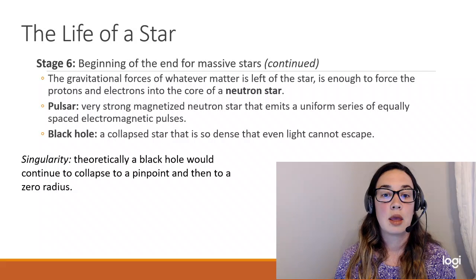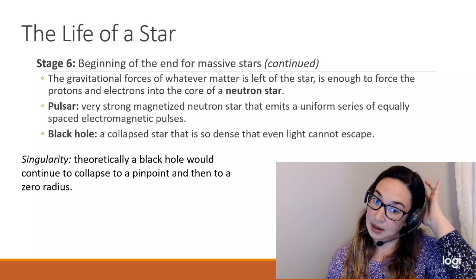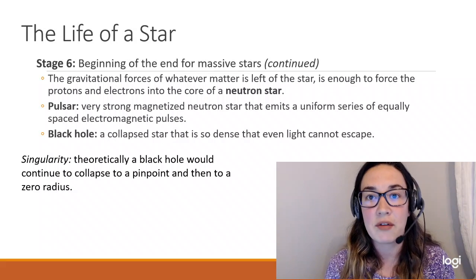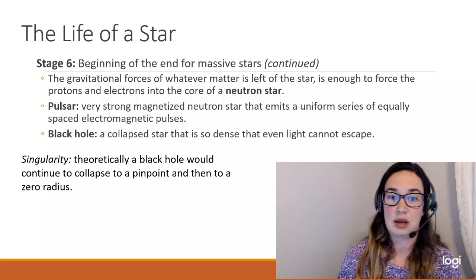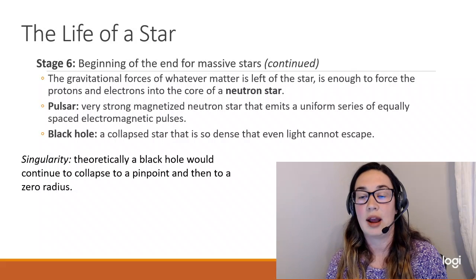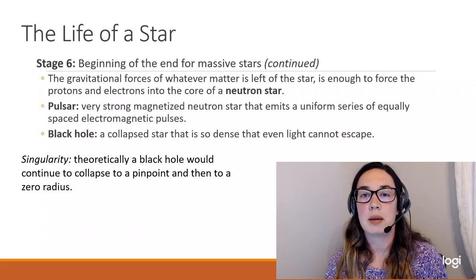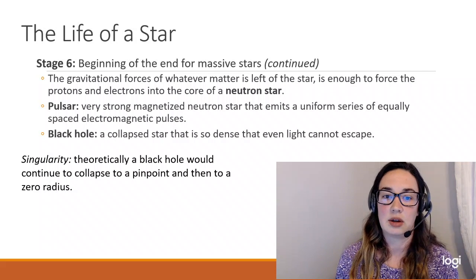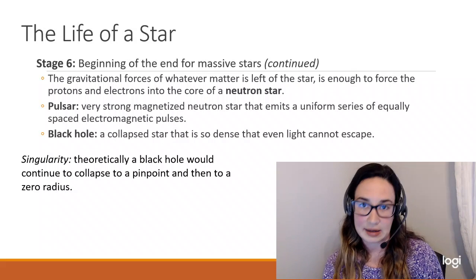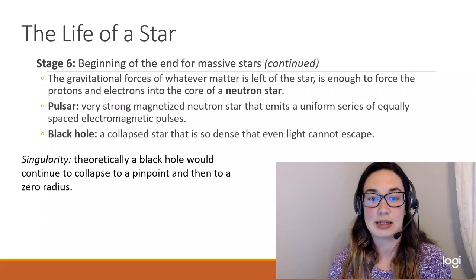We also have a pulsar, which is a very strongly magnetized neutron star at the very end of the massive star that emits a uniform series of equally spaced electromagnetic pulses, which is likely how it got its name.